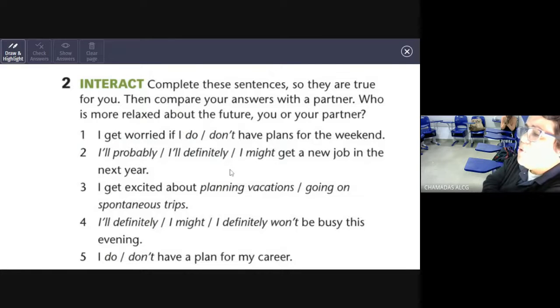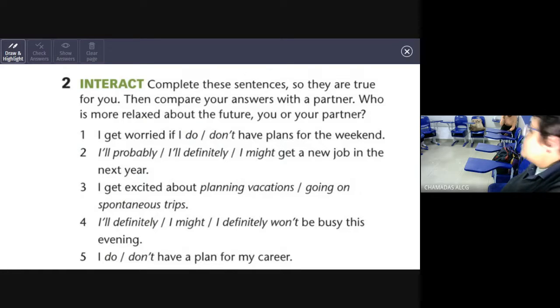I would like to know who created these sentences, because, well, as a student, yes, okay, you can be worried about it and say, I'll probably get a new job in the next year because you are finishing your studies. Most of the students here are doing their senior year in high school. So they're moving into college now. Some are already in college.